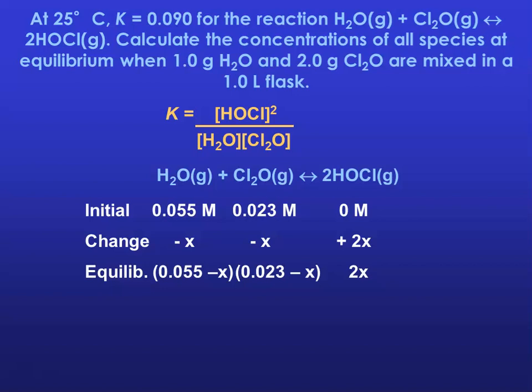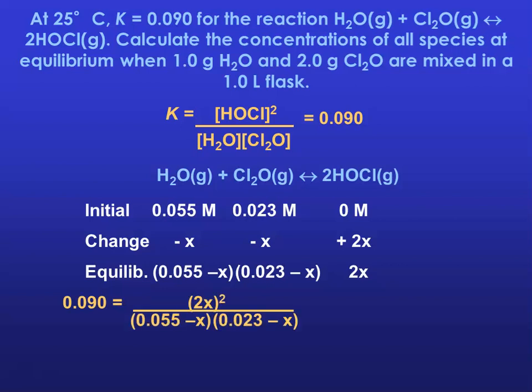I can substitute all of those into my equilibrium expression. I do have the value for K, 0.09. So if I put those quantities into my equilibrium expression, accounting for the exponents, the 2x would need to get squared.